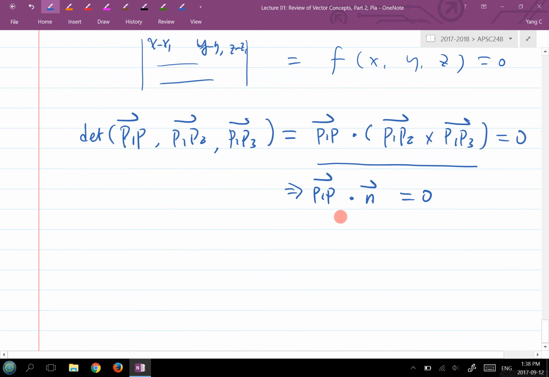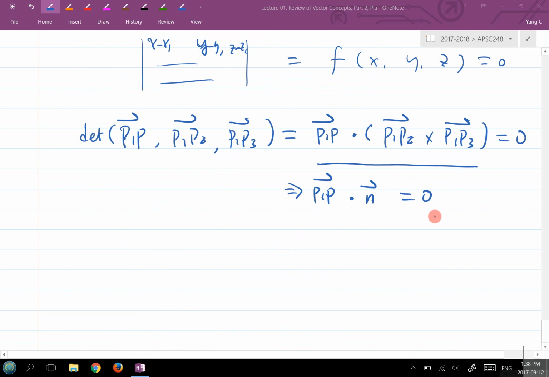Okay. So basically, the initial objective is to find the plane equation. Now it all shrinks down to one simple expression: P1P dot n equal to 0. So can you tell me what it means geometrically when you have two vectors dotted with each other equal to 0? They're orthogonal, right?